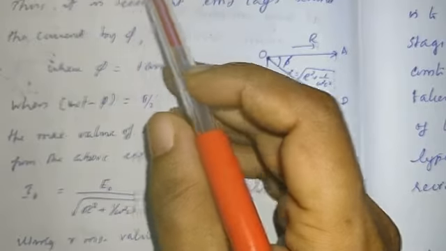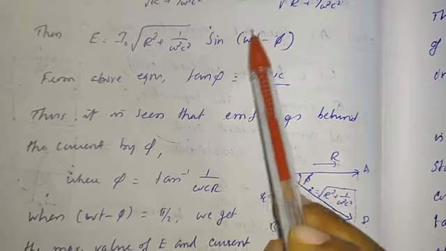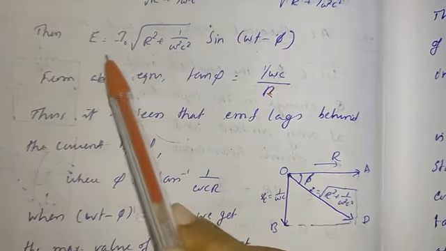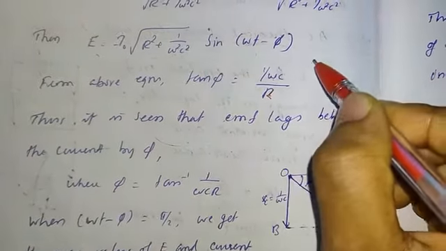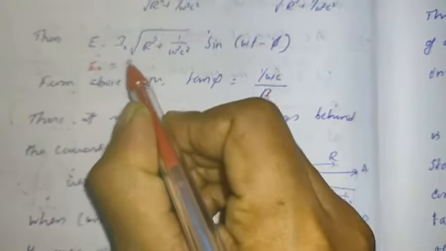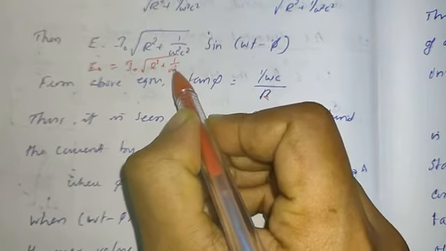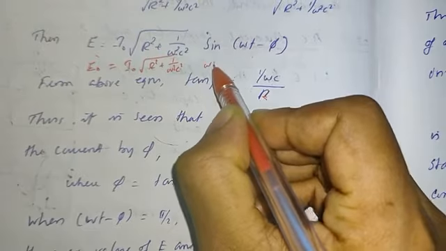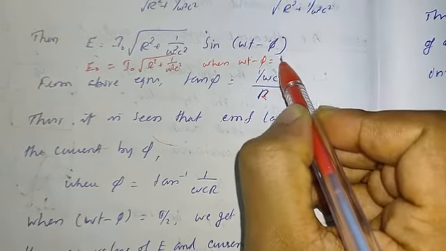So when this angle is pi by 2, this gives the maximum value E0, that is, E0 is equal to I0 into the square root of R square plus 1 by omega square C square.